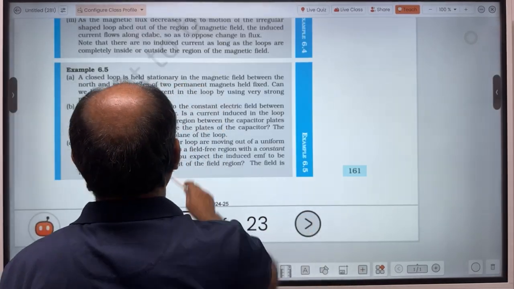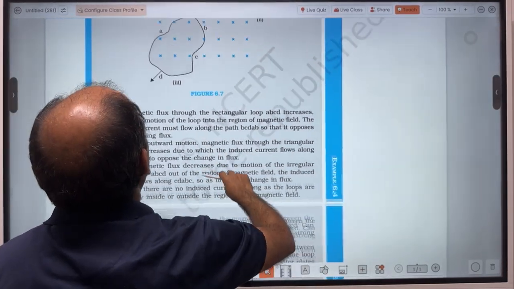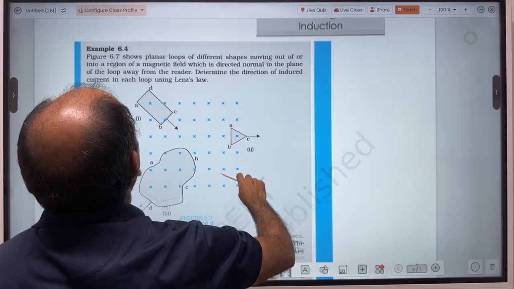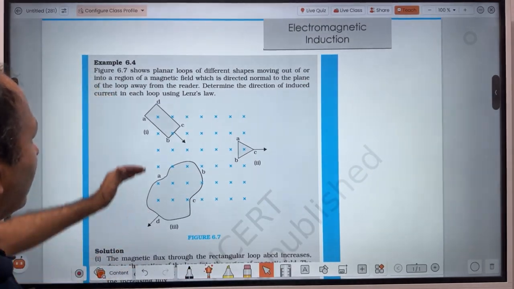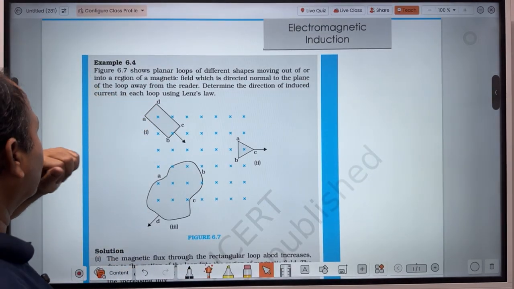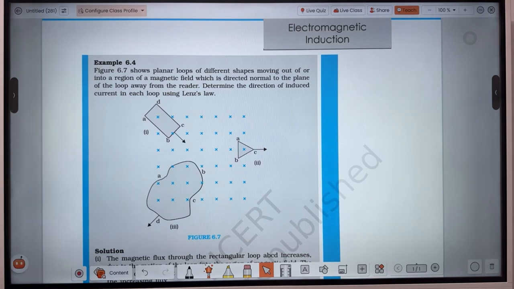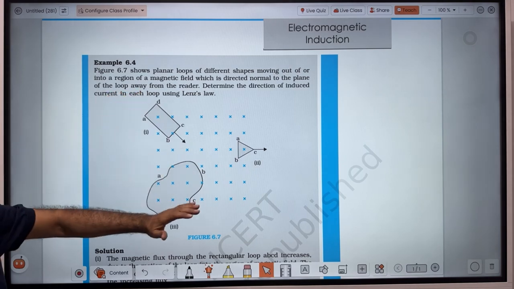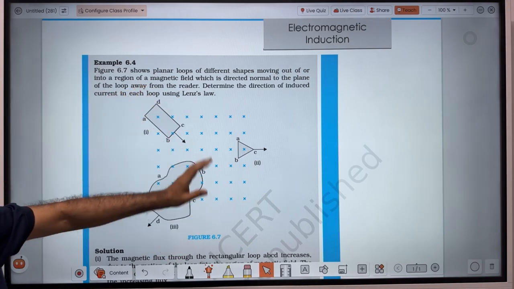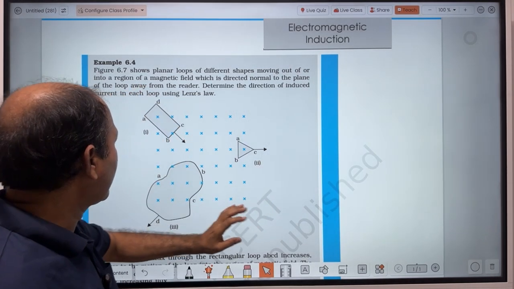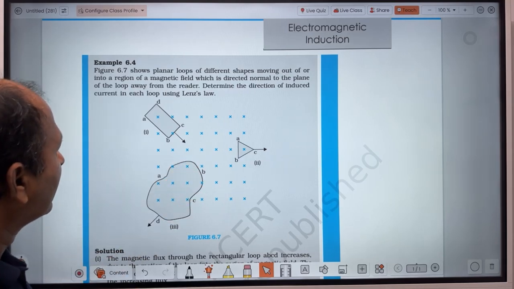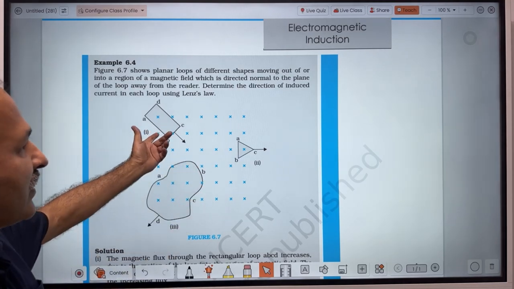Now we are going to see some more concepts here. If this loop is taken inside, or this loop is taken outside, here this is being taken outside, so there is a flux change.